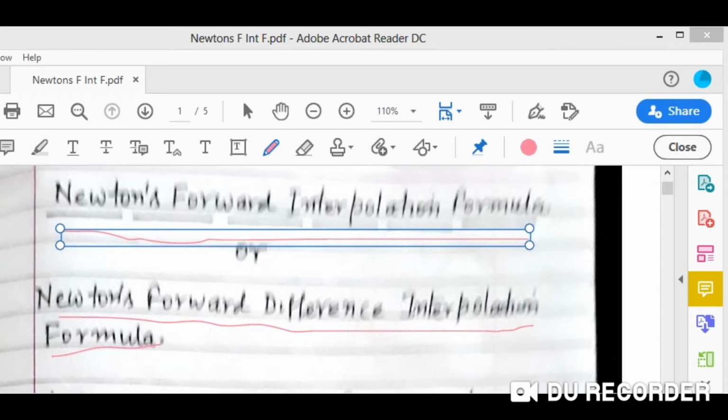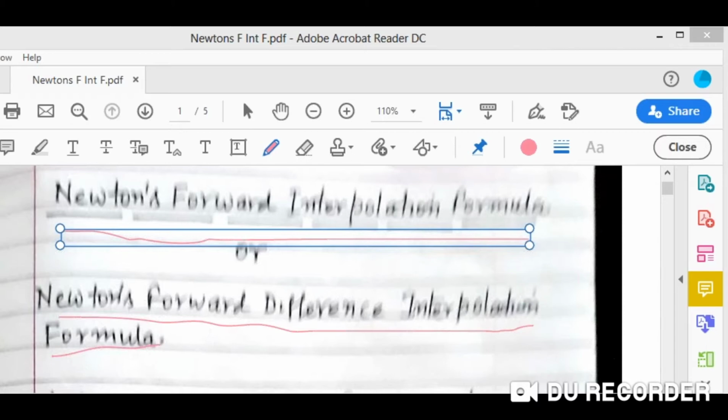Extrapolation was the method to estimate the value of the function for any value of the independent variable or arguments outside the range. In case of interpolation, the value of the argument is taken within the range or inside the range.